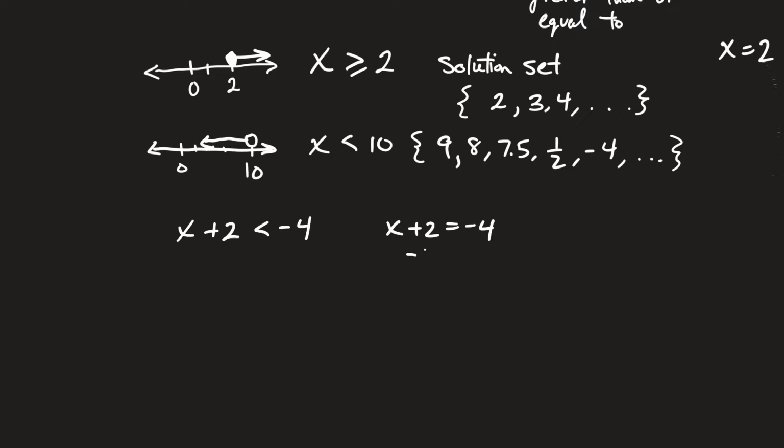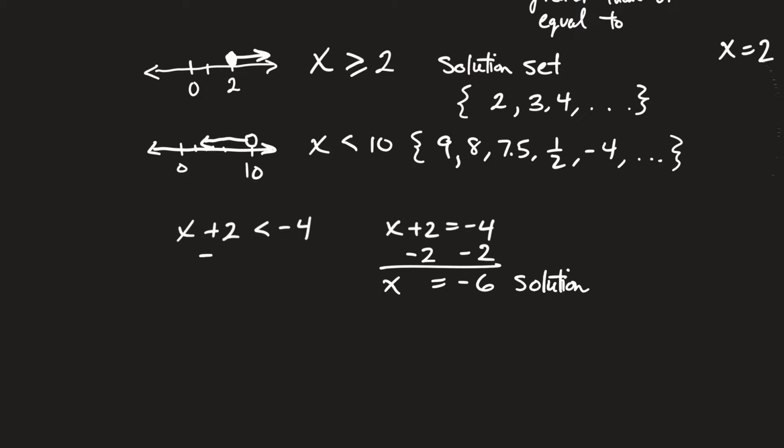If I'm adding 2, I would subtract 2, and I have x is equal to negative 6. So the only number that will work is negative 6. Because if I put negative 6 in for x, negative 6 plus 2 is equal to negative 4. So this is said to be the solution to the equation.